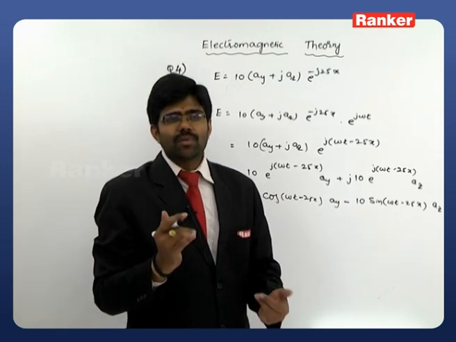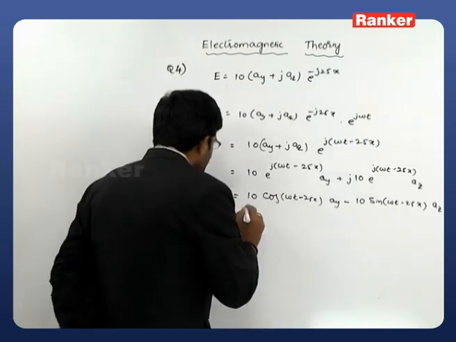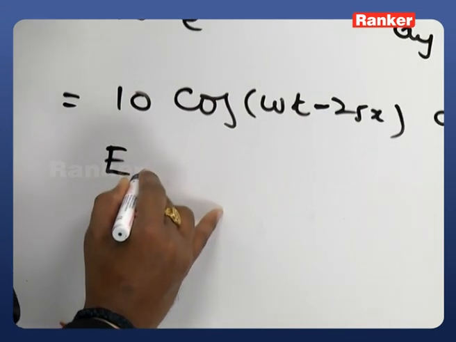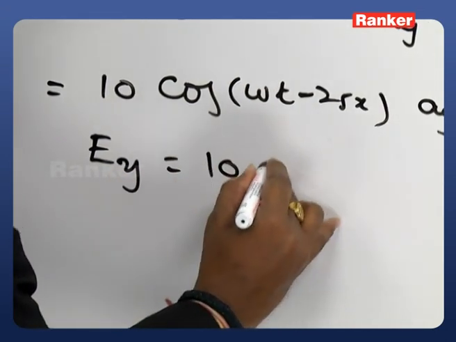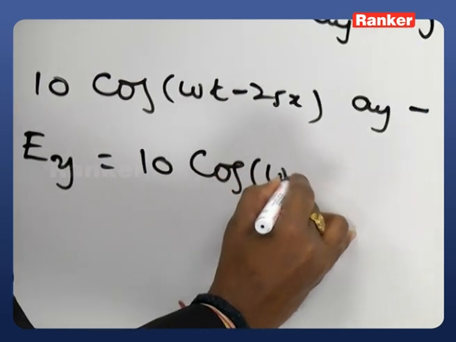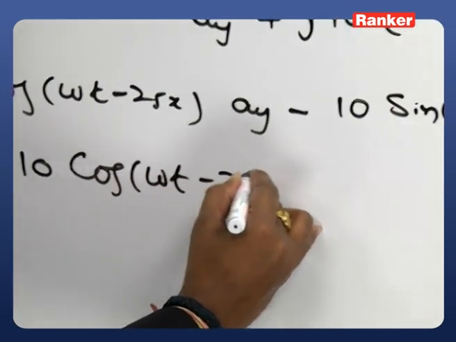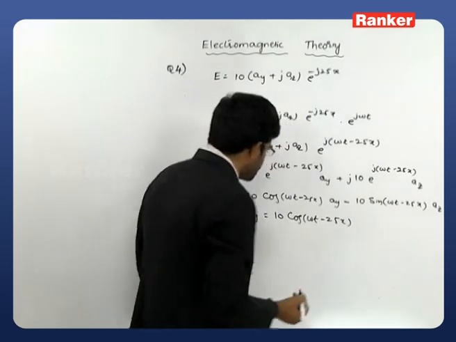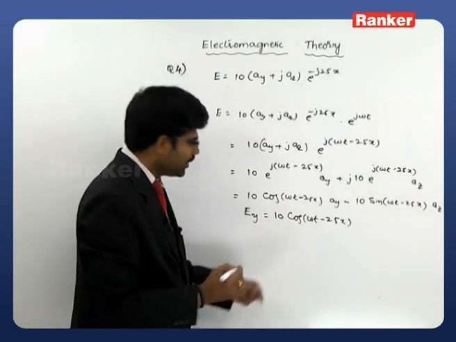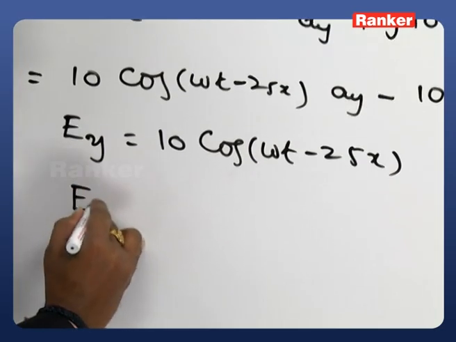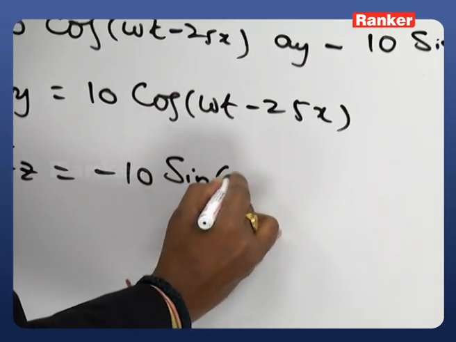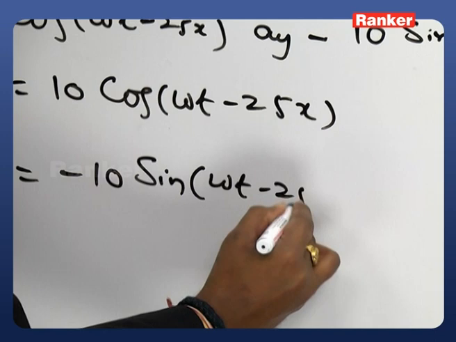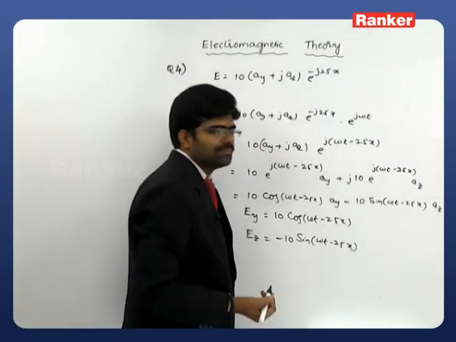So independently I am writing those two equations: Ey is equal to 10 cos(omega t minus 25x), that is the y component, and the z component Ez is equal to minus 10 sin(omega t minus 25x).